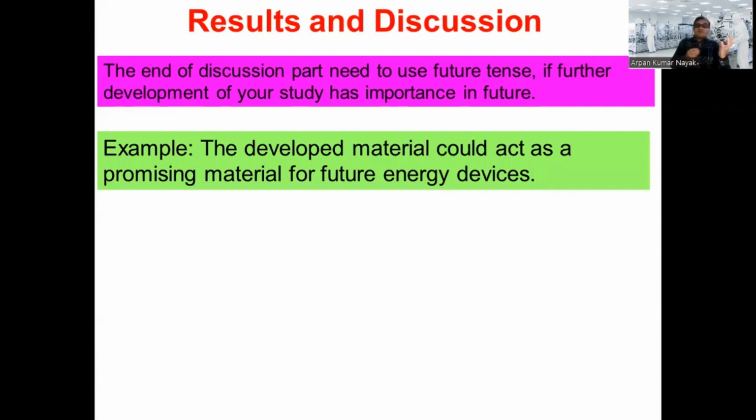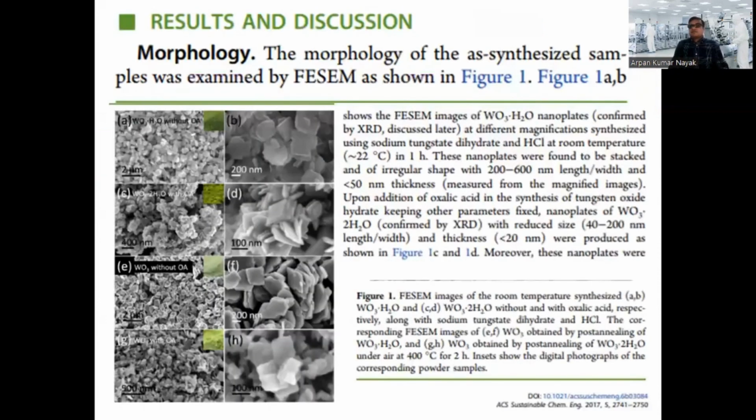So here you can use the future tense. So this is all about the results and discussion section. I hope it will be helpful for writing the manuscript's results and discussion sections.